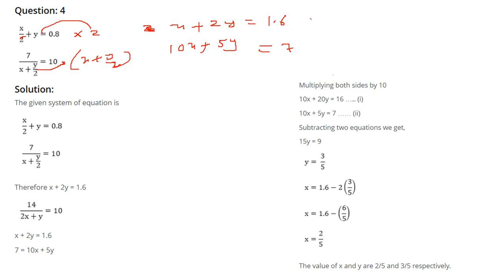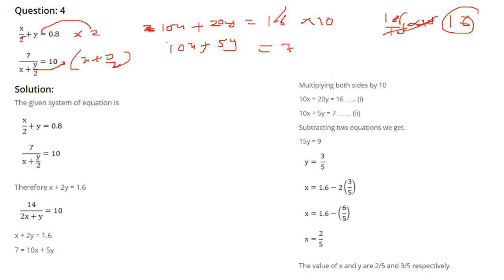So if I multiply it by 10, two purposes are served. First you get 10x here, you get 20y, and the 1.6 by 10 multiplied by 10 gives 16. So the decimal point will also be relieved. So you get 10x plus 20y equal to 16.